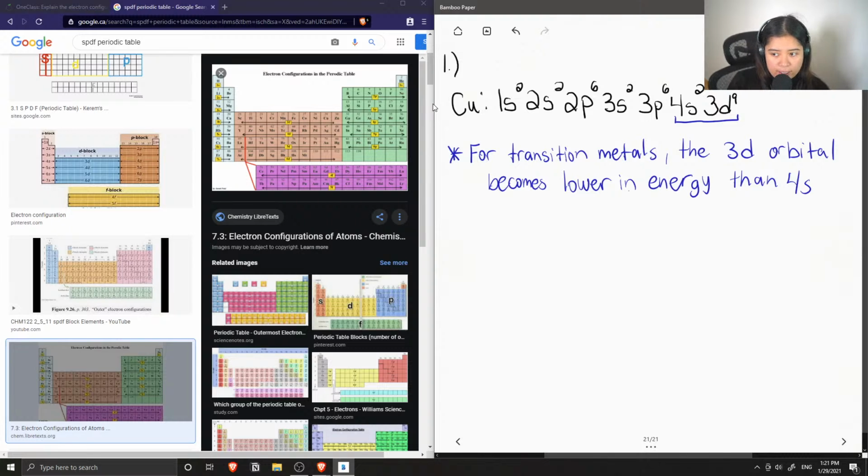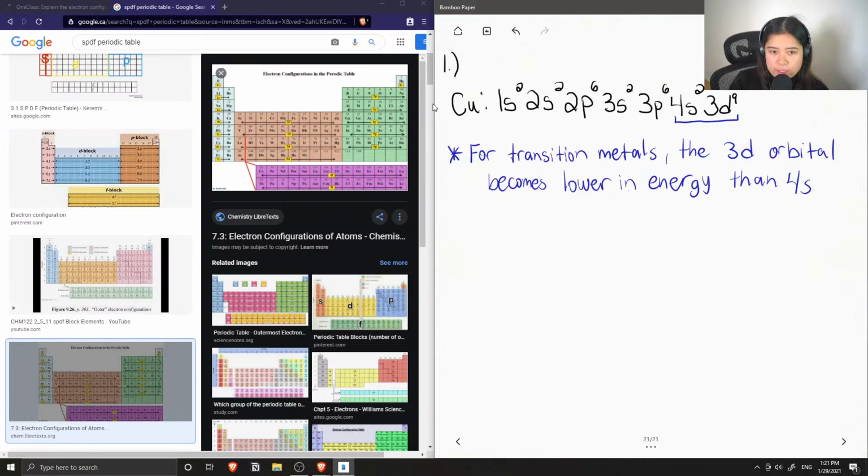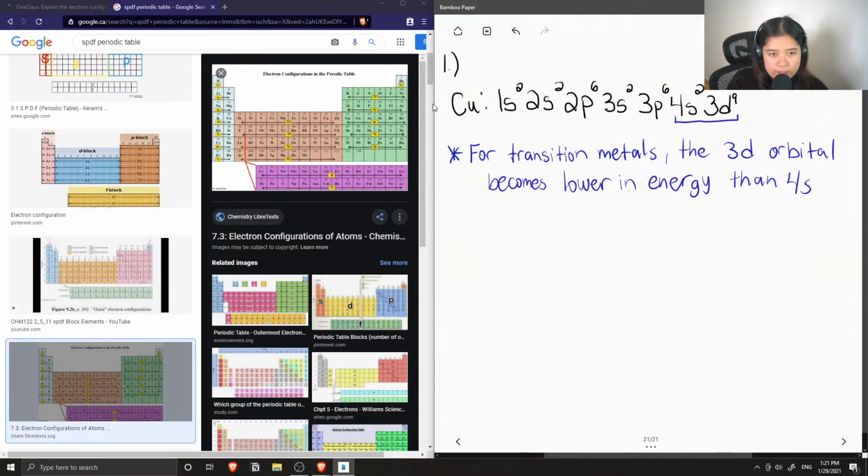So what we do now is we give one of the electrons from the 4s orbital to 3d, and we switch the two to write in increasing energy. So let me just write what we have so far.